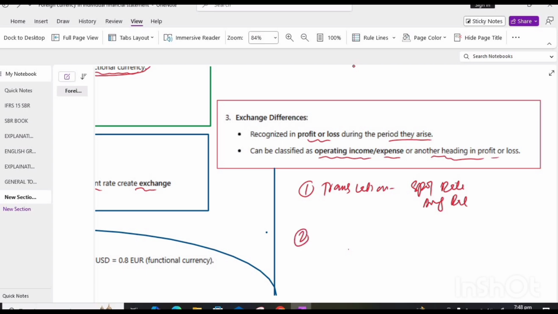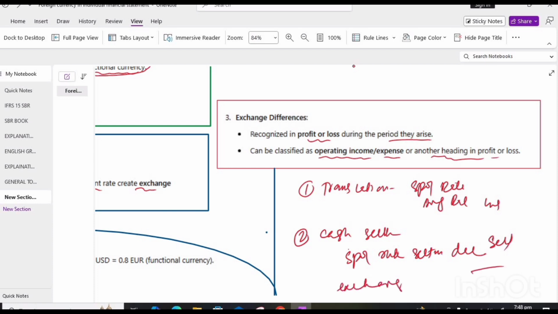Then in cash settlement, if there is settlement, you will use the spot rate at the settlement date. Clear? Now if there is a difference between the initial transaction rate and the settlement date rate, then that will be charged to profit or loss as exchange differences, and that may be profit or loss. Clear? Okay, now we have an example.